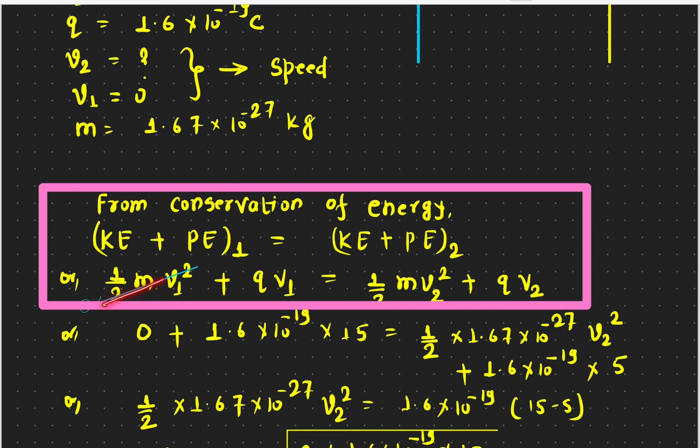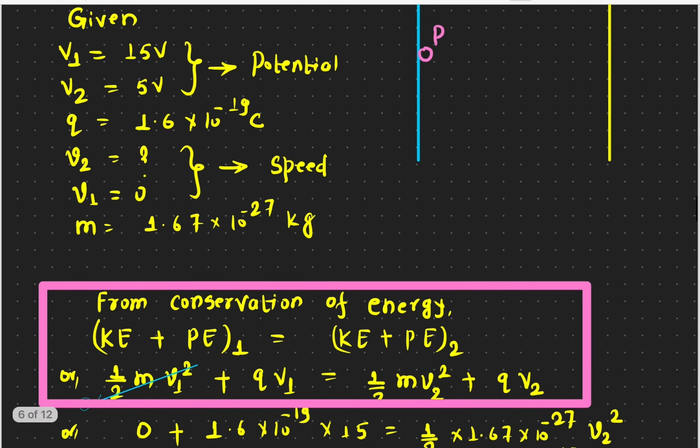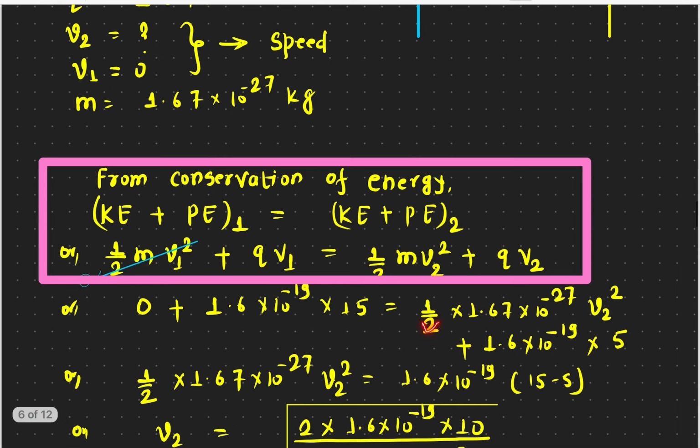And the kinetic energy at V1 is 0 because we know the speed there is 0, so this term will be 0. Q, what's the value of Q? We know here 1.6 times 10 to the negative 19. And V1 is the potential that is given here, 15 volt. The mass of the proton is also given, that's the mass.